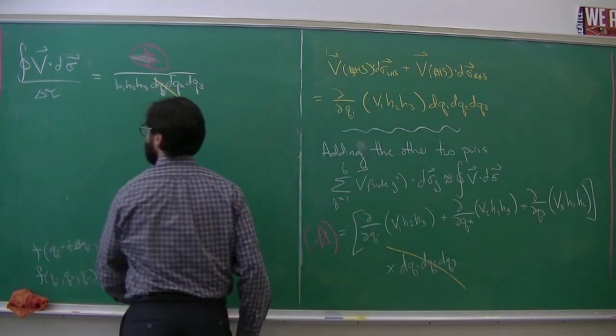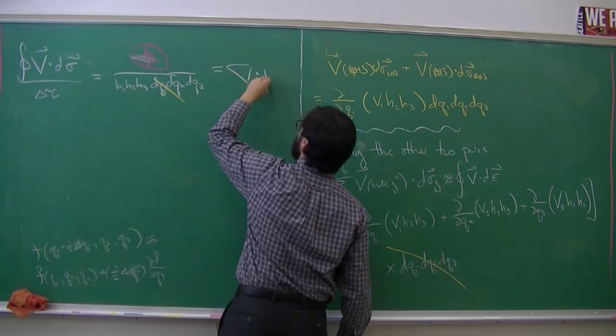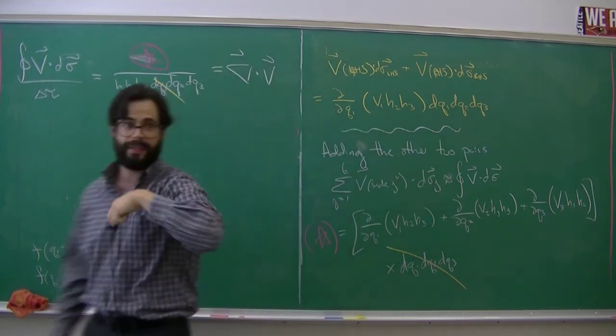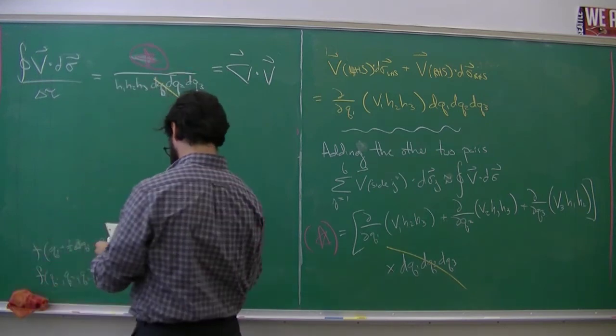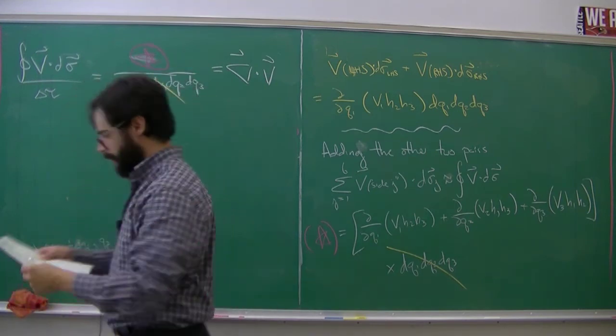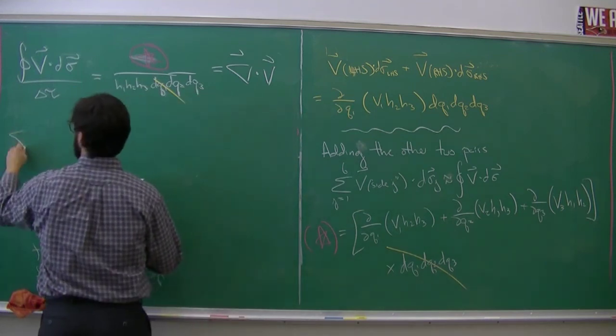So what we get at the end of the day, and this is curvilinear coordinates, del dot V. So at the end of the day, we're going to get this, written the way that I'm going to write it for the rest of the quarter. Sure. So we'll pull the scale factor all the way out front.